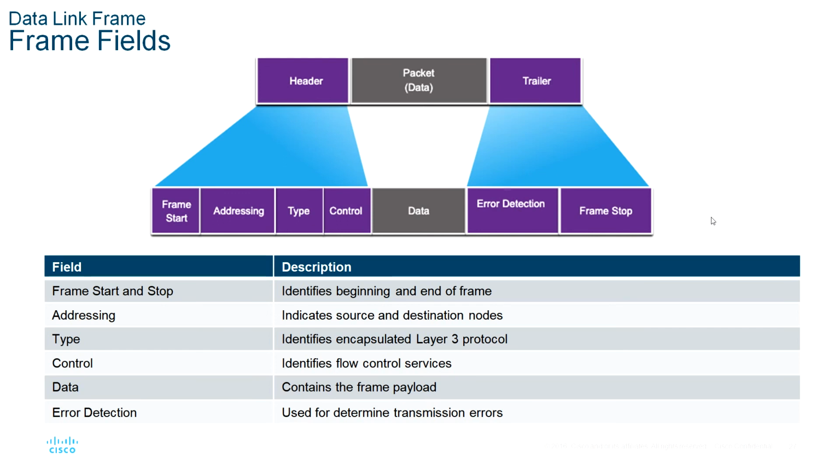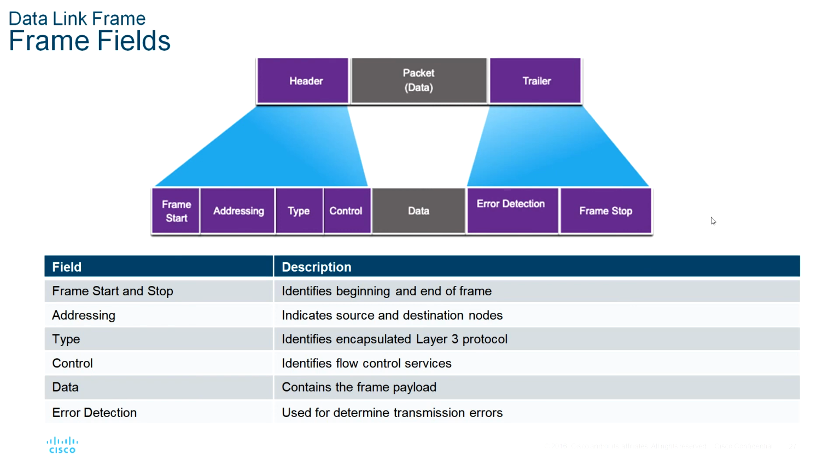These are the generic frame fields in the diagram; not all protocols include all these fields. The standards for the specific data link protocols define the actual frame format: header, packet, trailer. The header consists of frame start, addressing, type, control. Data is the same. The trailer has error detection and frame stop.